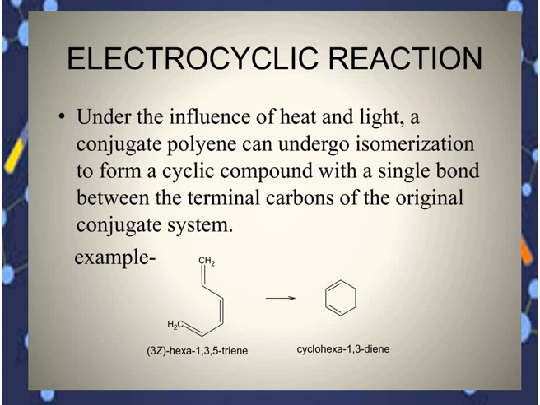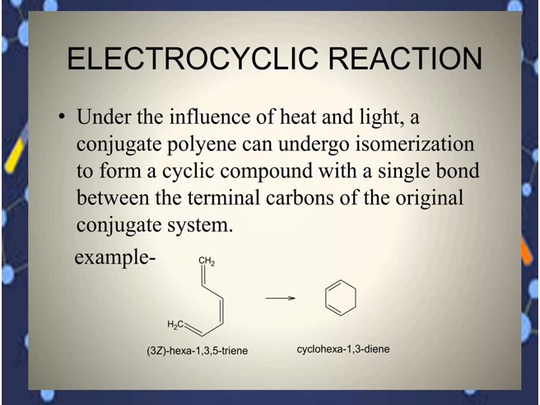These two important words you keep in your mind: heat and light. A conjugated polyene can undergo isomerization. Here also another important term, conjugated polyene, can undergo isomerization to form a cyclic compound with a single bond between the terminal carbons of the original conjugated system.